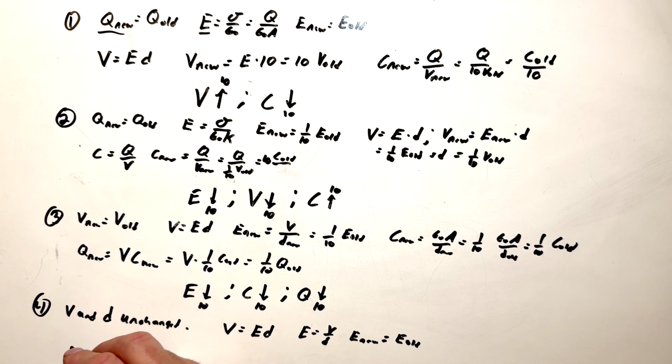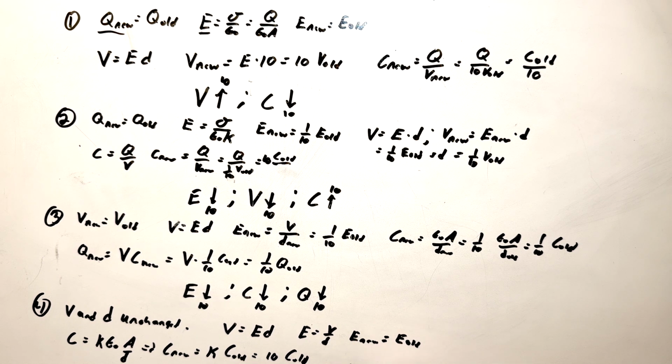What about the capacitance? The capacitance is equal to kappa times epsilon naught A over D. This implies that C new is equal to kappa times C old, because A doesn't change, D doesn't change, and epsilon naught is a constant. So C new is equal to 10 times C old.